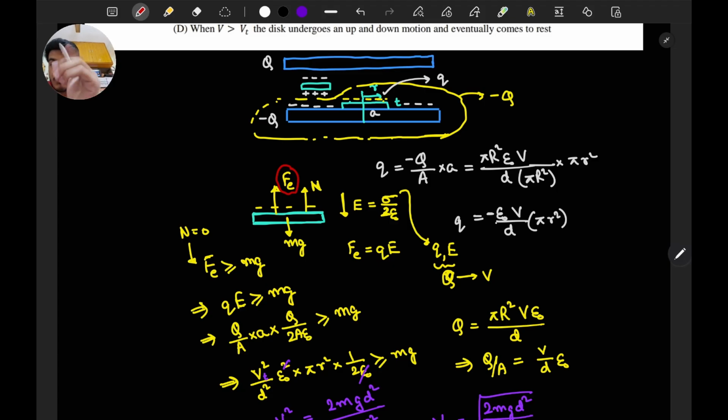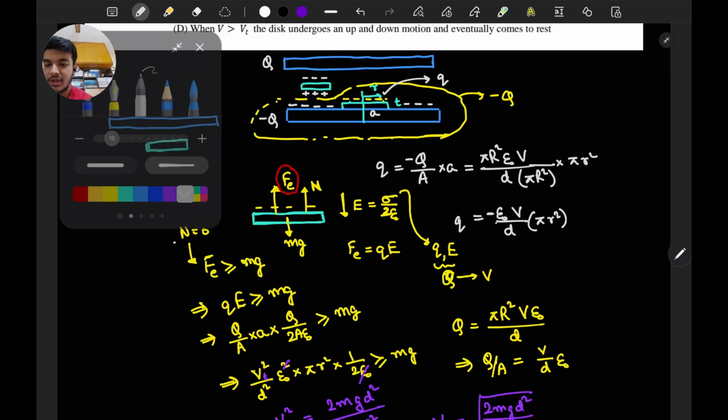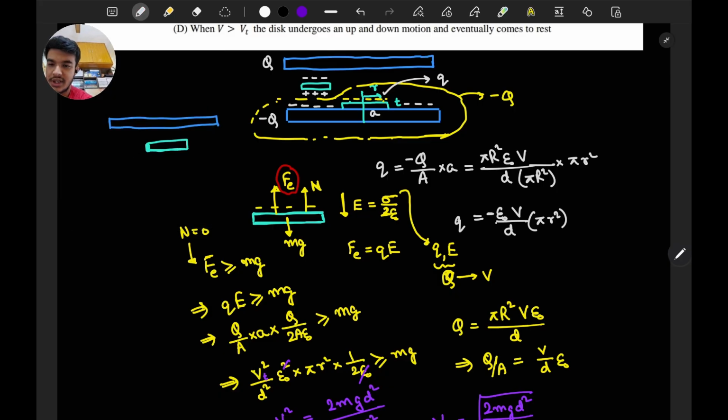Now, when this disk moves upward, what will happen when it reaches the topmost plate? Nothing. The same way which we did for the bottom capacitor plate, it will also be the same for the upward plate, because there will be positive charges induced here, and negative charges induced here, and obviously the top plate has positive charges all over its surface, which is Q.